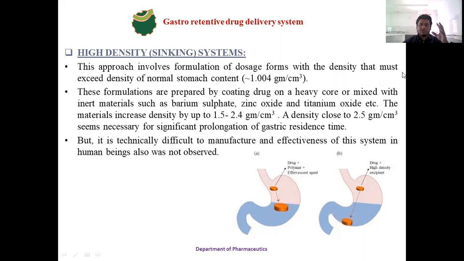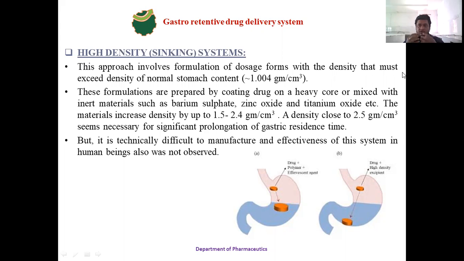So the system or the dosage form will float for a long time in the stomach, and the drug will release in a controlled manner. There are two types of floating system. One is an effervescent system and another one is a non-effervescent system. In the effervescent system, normally we use effervescent components like sodium bicarbonate, tartaric acid, citric acid.